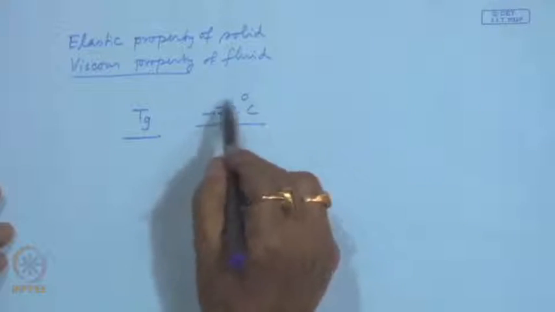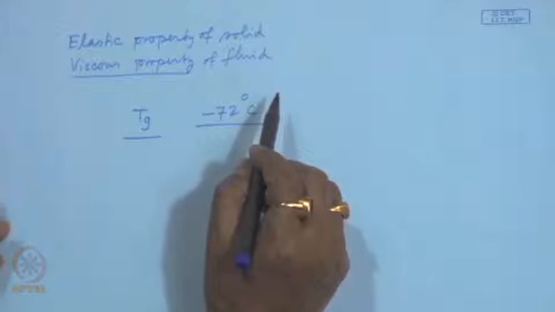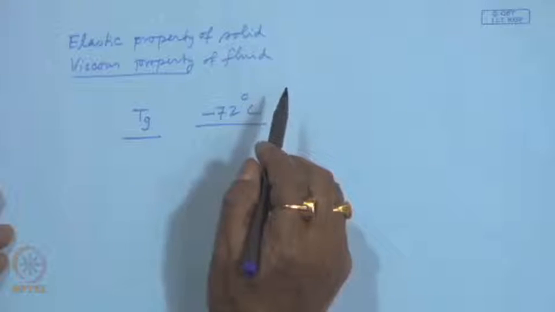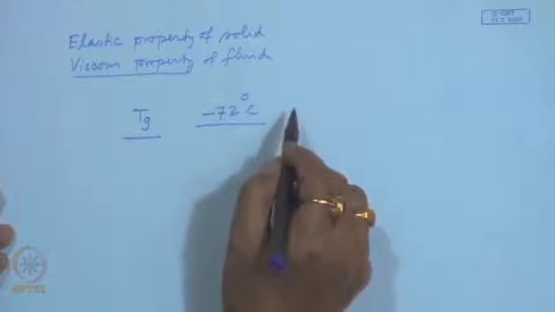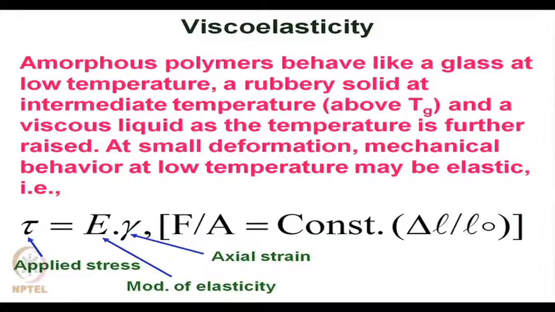So, at that temperature it becomes brittle like glass. So, since natural rubber is amorphous, that amorphous rubber in the ball becomes glass like and breaks like a glass below this glass transition temperature.